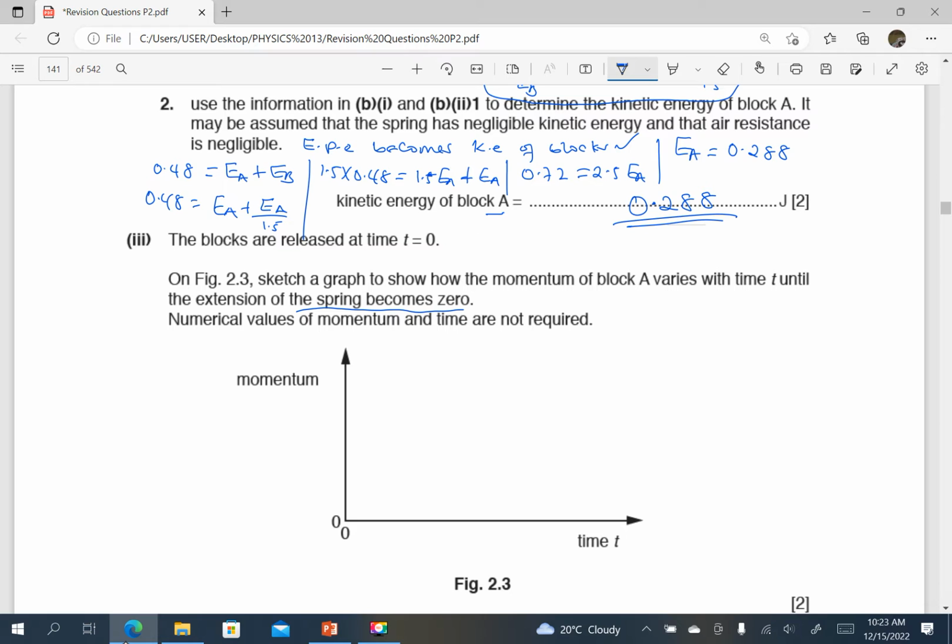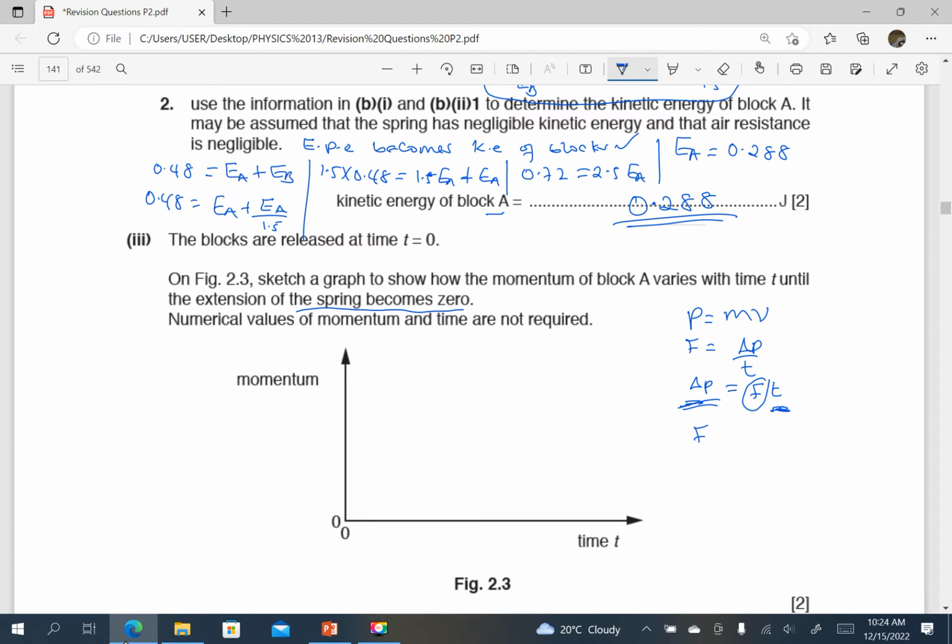To take you back to theory, we know that momentum is equal to mass times velocity. We also know that the force is equal to the rate of change of momentum, which means that the change in momentum is equal to force times time. And from here, the gradient of a graph of momentum with the time must actually be the force.